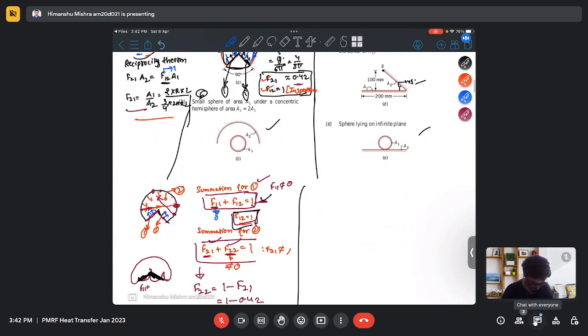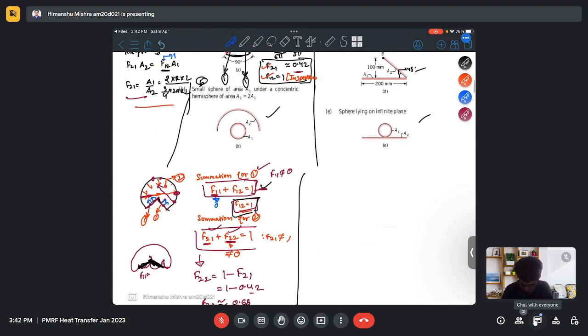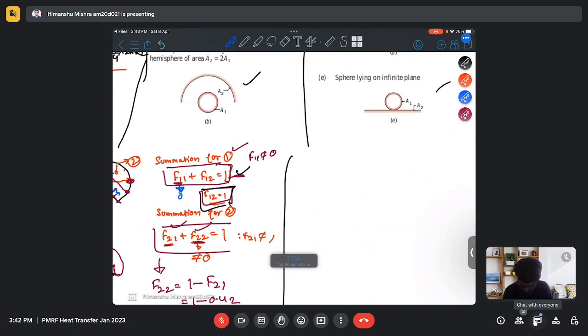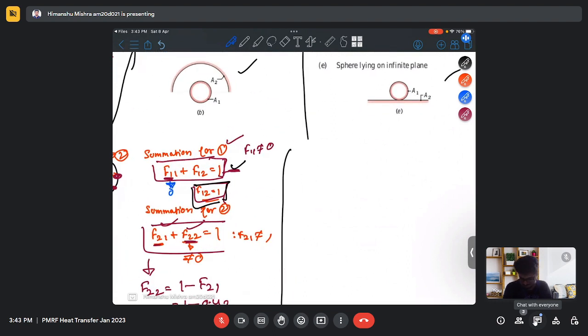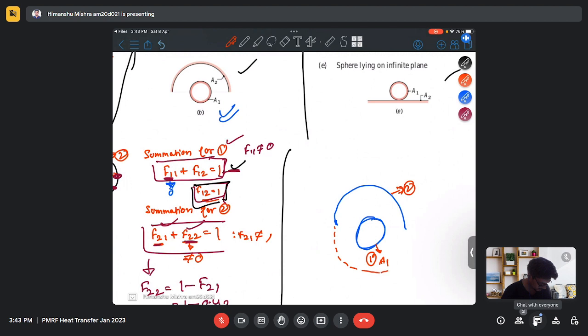So let's move to the next part. In the next part, we have one small sphere and one concentric hemisphere. So there is a hemisphere and one small sphere, and this is my surface 1, which is A1, having a cross-sectional area of A1, and this is surface 2, and let me draw some imaginary surface here, which is 3.